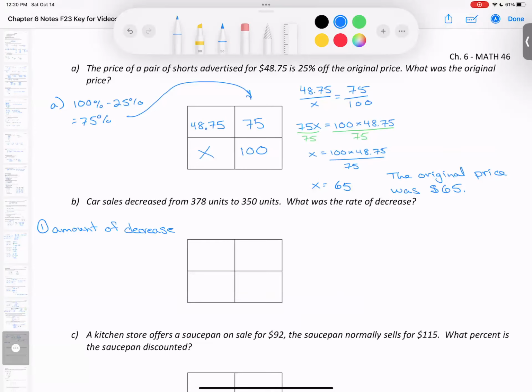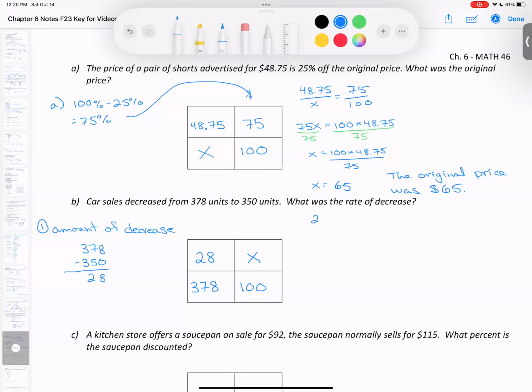Let's say one month we sold 378 cars, and then the next month we only sold 350 cars. What was the amount of the decrease? It was 28. So we want to know what percent 28 is of our base amount, which was our original amount of 378.